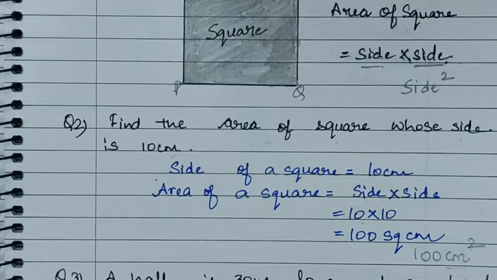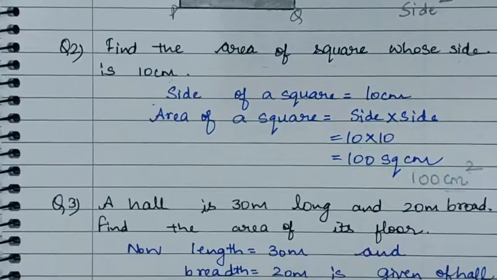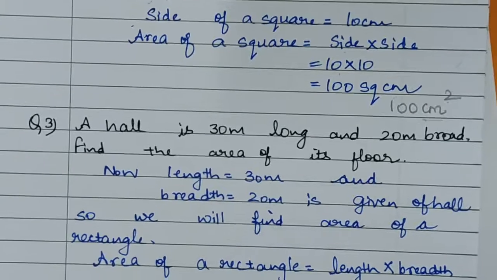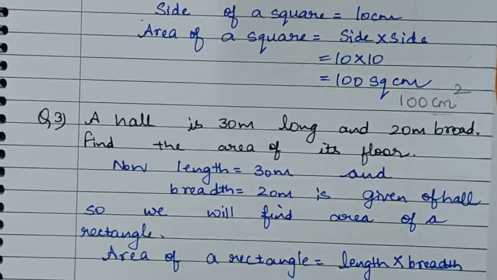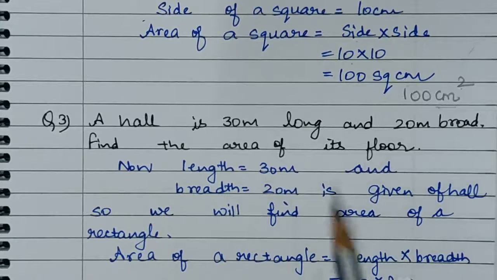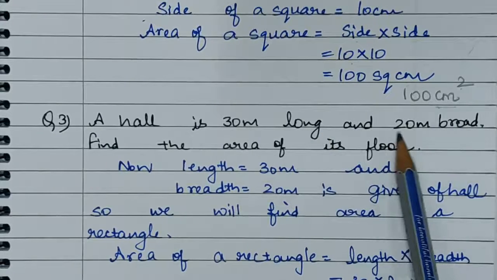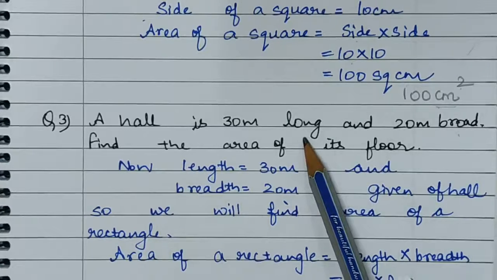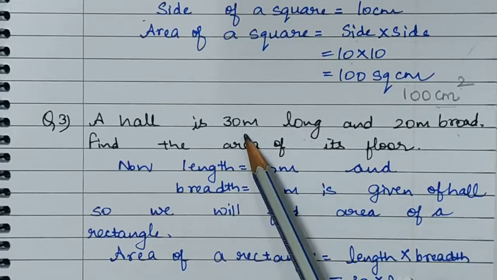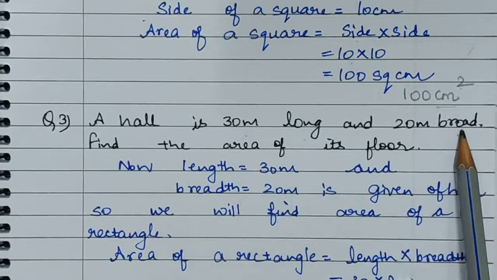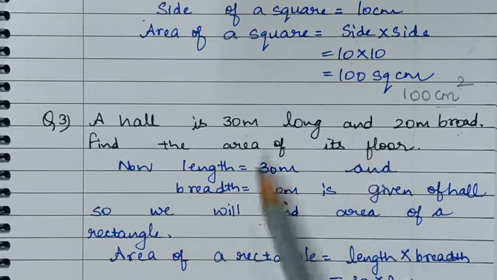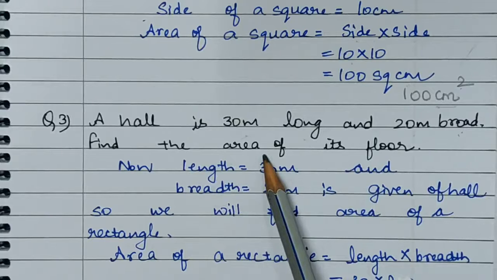Clear, children? Now the next question is, a hall is 30 meter long and 20 meter broad. Long means length is given to you and broad means breadth is given to you. And we have to find the area.